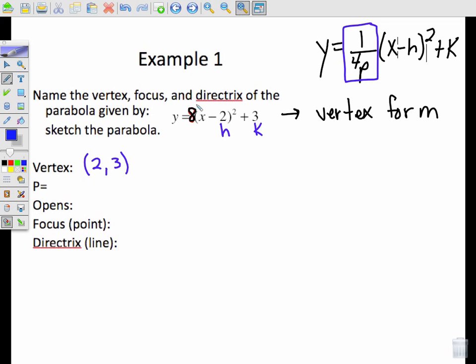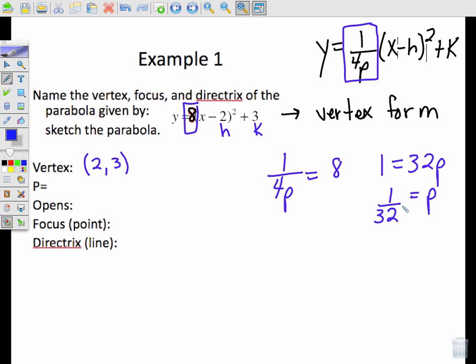Let's find our p value. Well, I know that this coefficient in front has to equal 8. So I find my p by saying 1 over 4p equals 8. So 1 equals 32p, and p would equal 1 over 32. All right, so we've got our p value, and we're going to try to start sketching a graph of this.